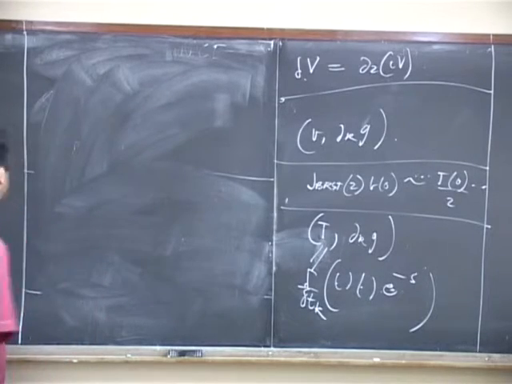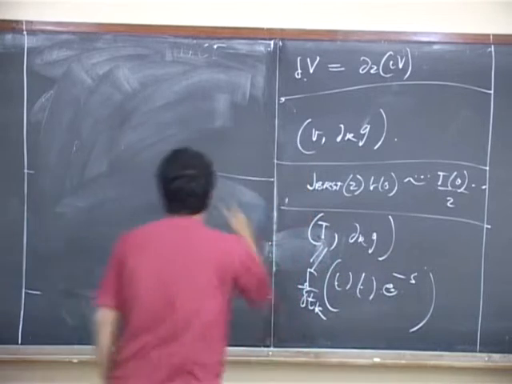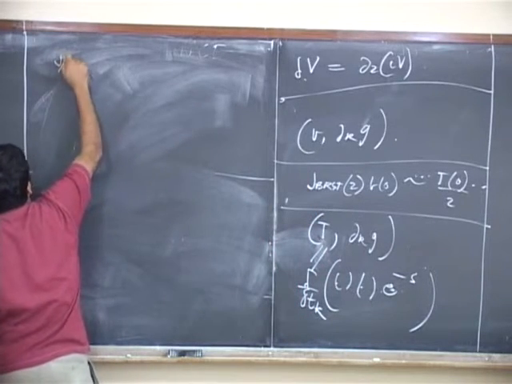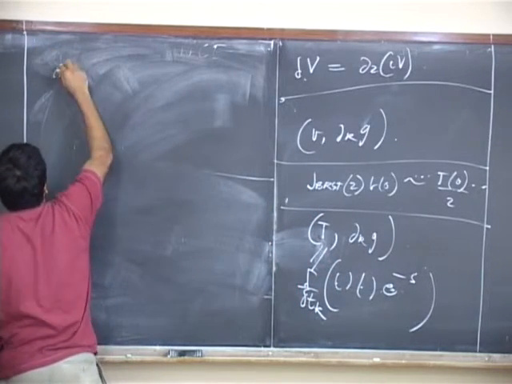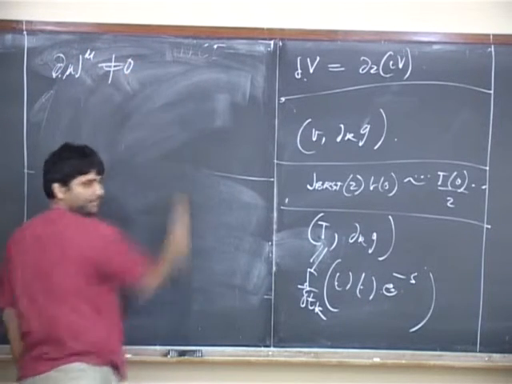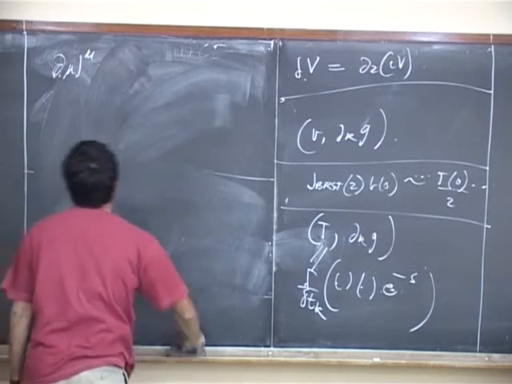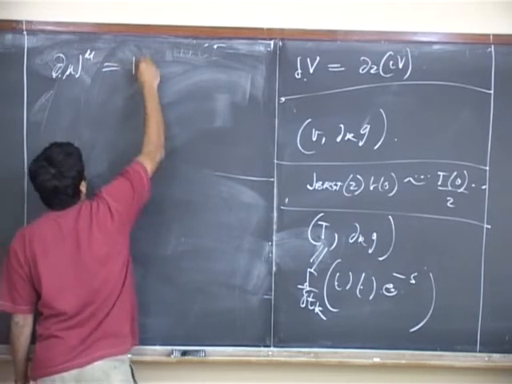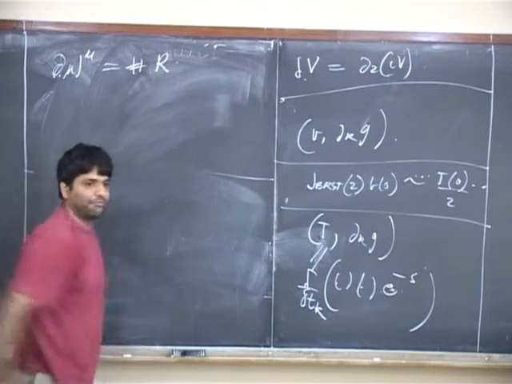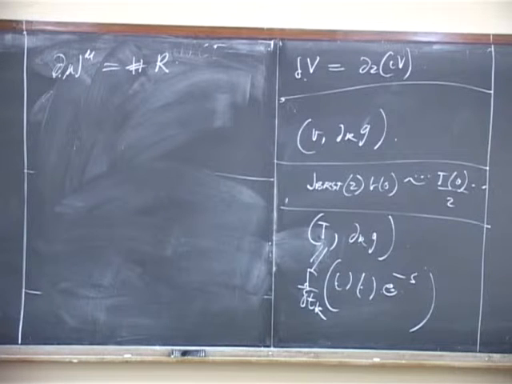You might remember that when we were discussing the BC CFT, we found that on a general curved manifold, del_mu J^mu was not equal to 0, but was in fact equal to some number times the curvature. You remember this? I'd given an exercise.